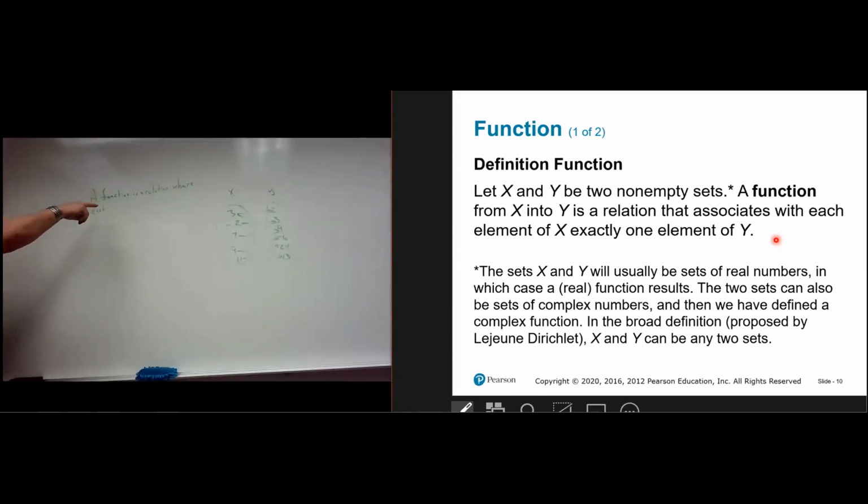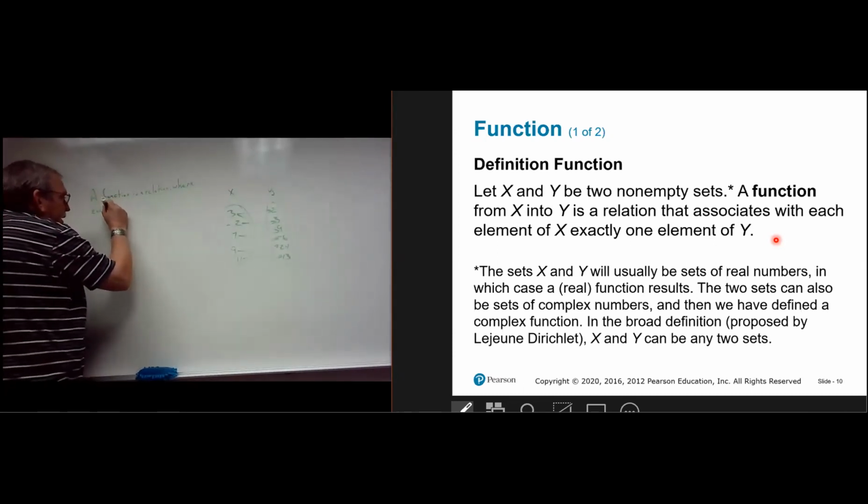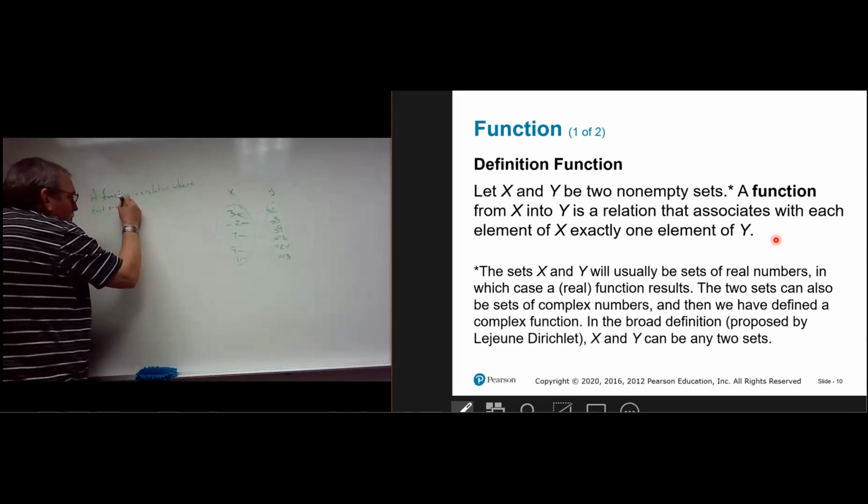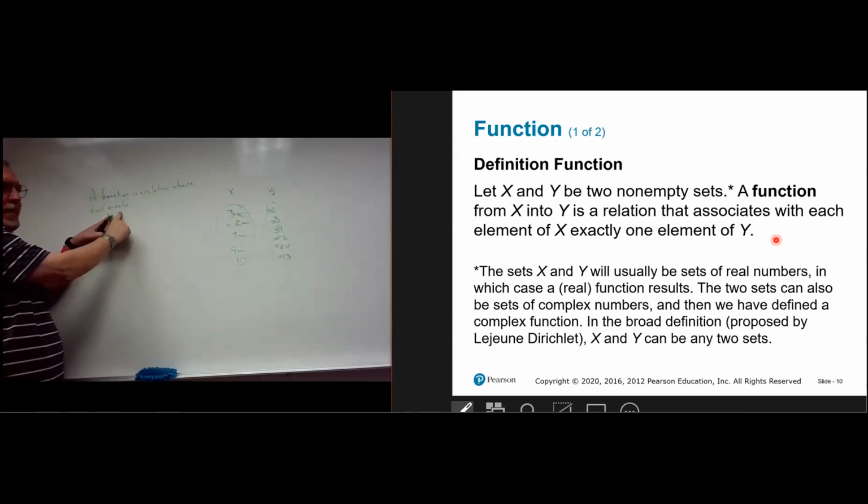Okay. Where each X value, each member of the domain.